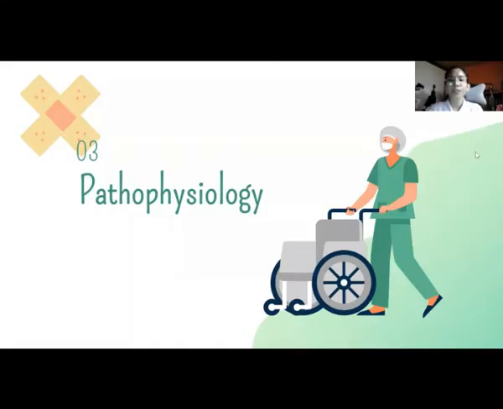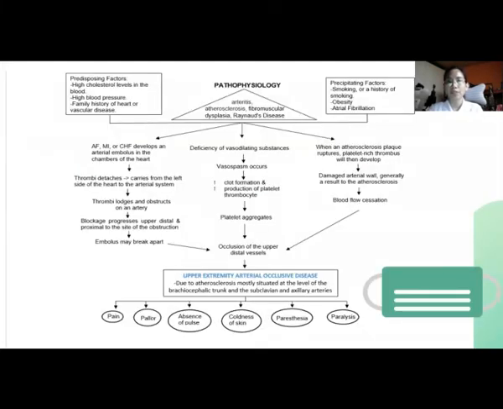And now we are going to talk about the pathophysiology. So in here is a concept map of the pathophysiology of the upper extremity arterial occlusive disease. And it all leads to the occlusion of the upper distal vessels. The predisposing factors of this disease are high cholesterol levels in the blood, high blood pressure, and a family history of heart or any vascular diseases.